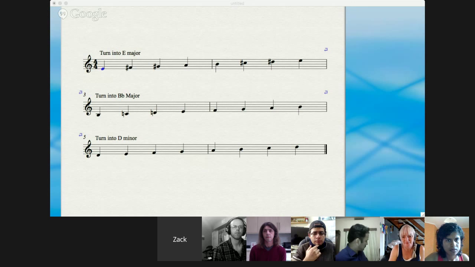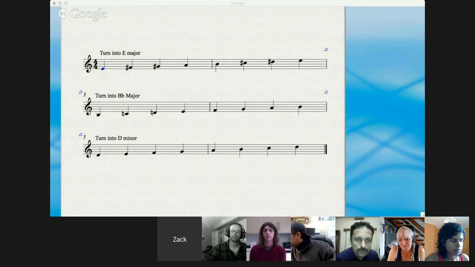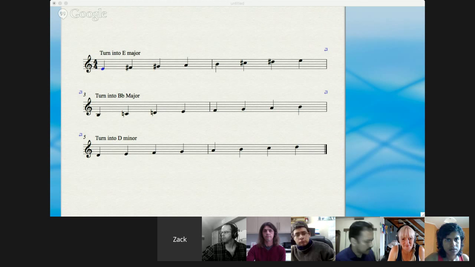So that meant that we got E to F sharp to G sharp to A to B to C sharp to D sharp. Now, interestingly, that means that in order for us to have a major scale which starts on E, we need to introduce 4 sharps, F, C, G, and D. And we'll talk more about that when we come to talk about key signatures in a wee moment.